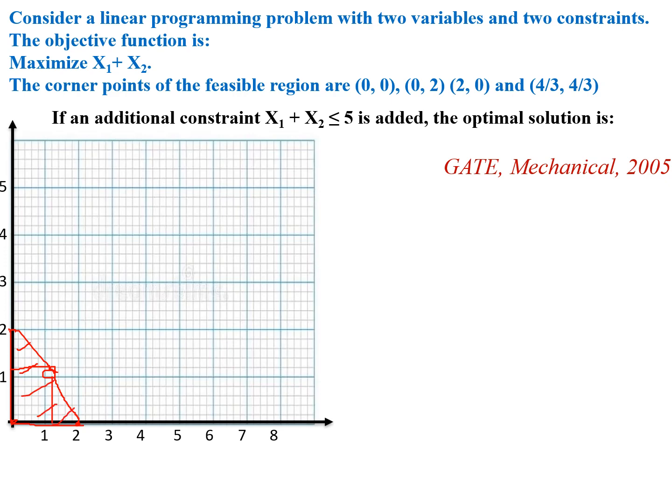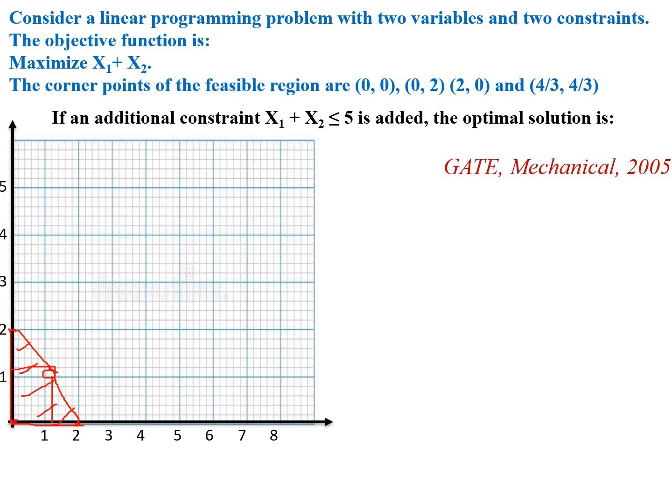After identification of the feasible region, next we have to draw the additional constraint line. The additional constraint is x1 plus x2 less than or equal to 5. We convert this constraint into the equation x1 plus x2 equal to 5, and the coordinate values are (5, 0) and (0, 5).